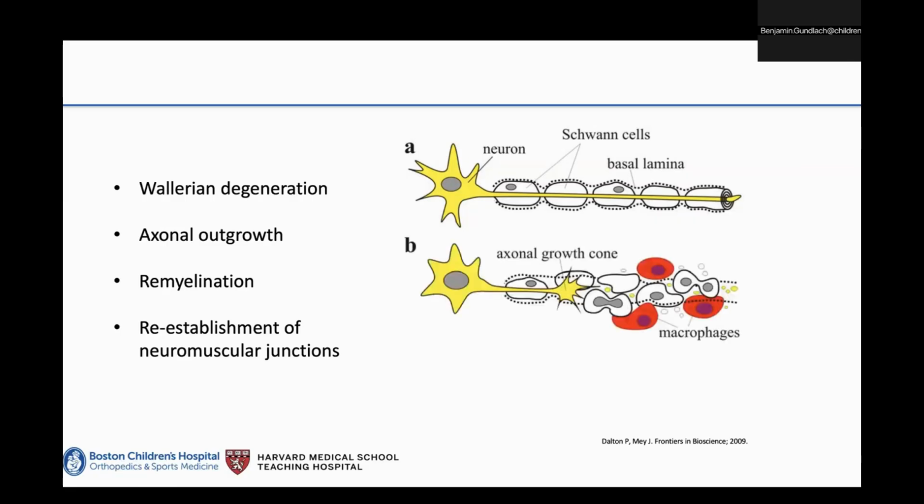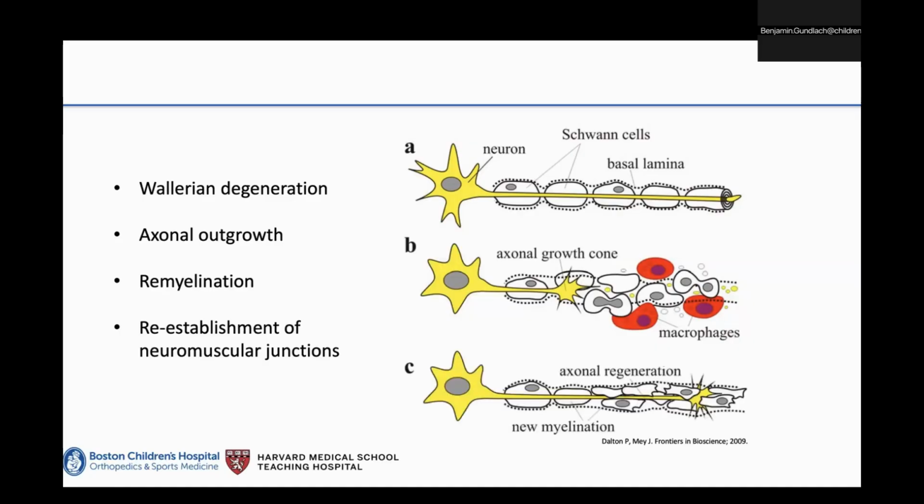Once that axonal outgrowth begins via a growth cone that develops, the Schwann cells of the peripheral nerve also metamorphose into more macrophage-like cells, which also begin to metabolize and digest the distal segment of nerve injury. And from here, this process then allows for the outgrowth of the axon, the remyelination and reestablishment of these neuromuscular junctions. In a very broad sense, this is what nerve regrowth and recovery must look like.